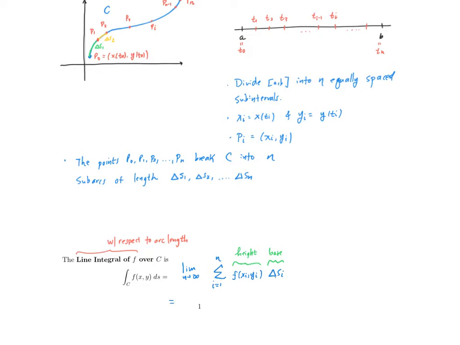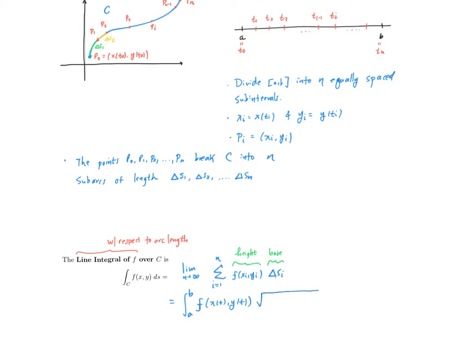The definite integral is going to be an integral over how those parameter values vary, in this case from a to b, of the function f of x of t, y of t. So we must substitute in those parametric equations to get everything in terms of t, and then we're multiplying this by delta s sub i, the length of a small portion.